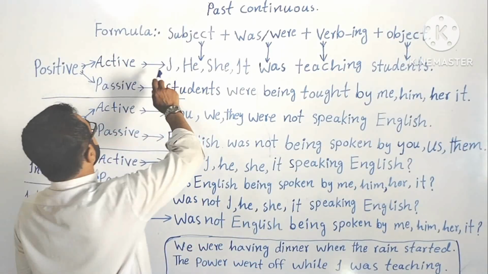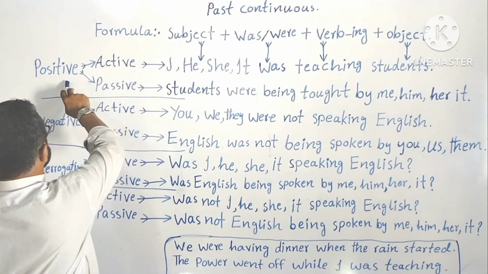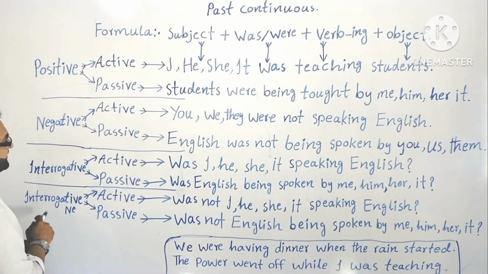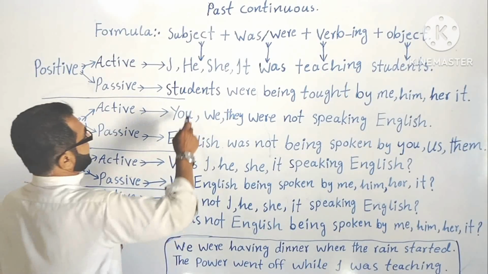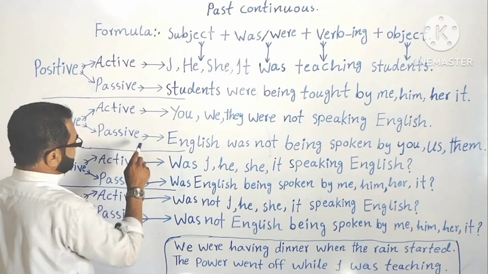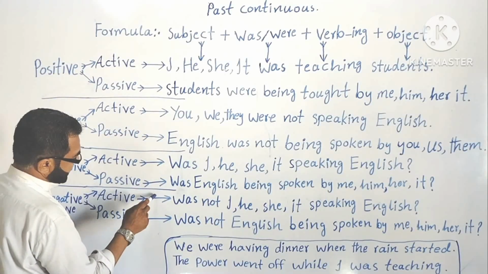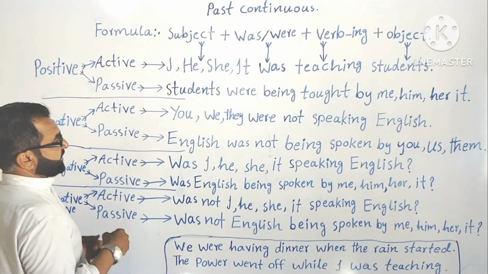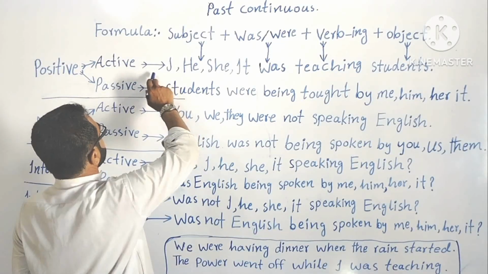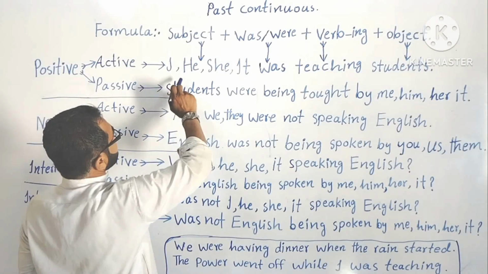Now you see positive sentence, negative sentence, interrogative sentence, interrogative negative sentence. Now these are in pairs. You can see active voice, passive voice, active voice, passive voice, active voice, passive voice, active voice, passive voice. Understood?